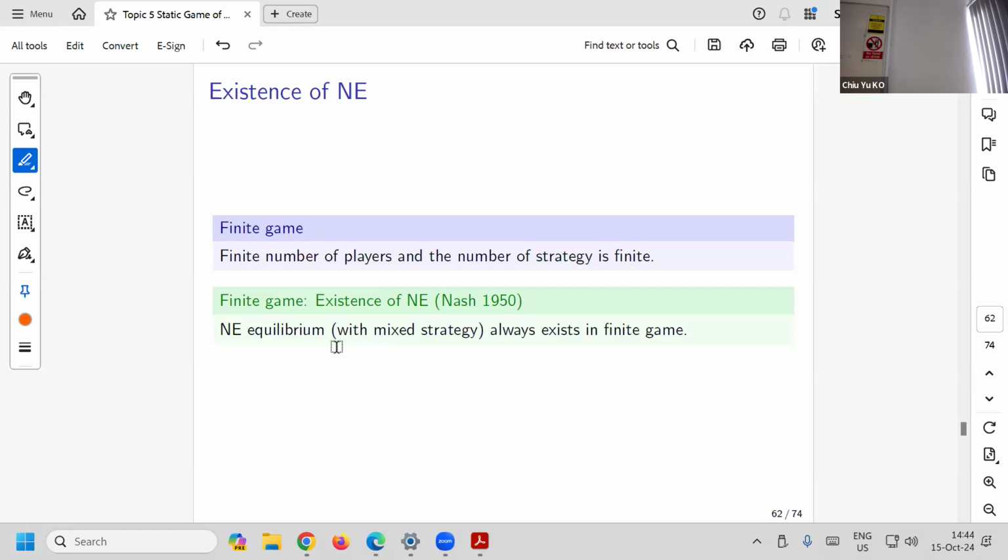And if you look at the history, John Nash took his undergraduate paper, proved this using his own math, and showed it to the genius von Neumann at that time.